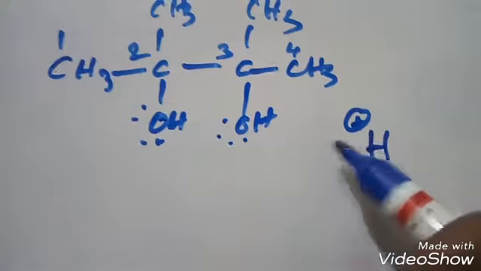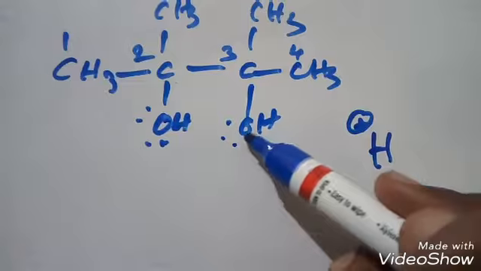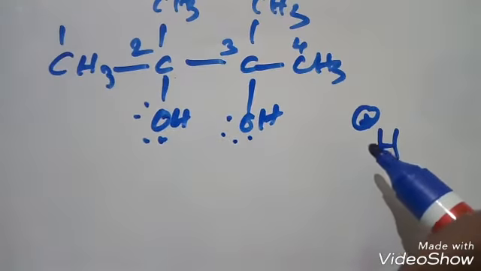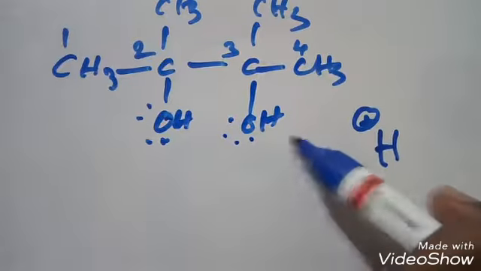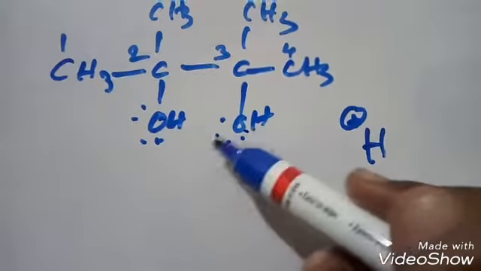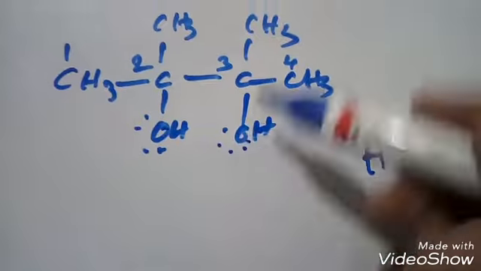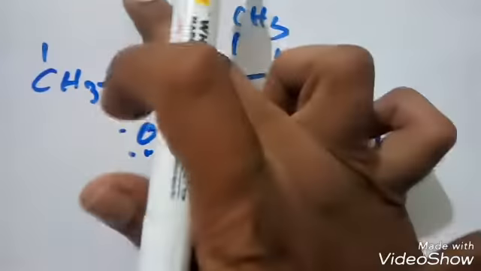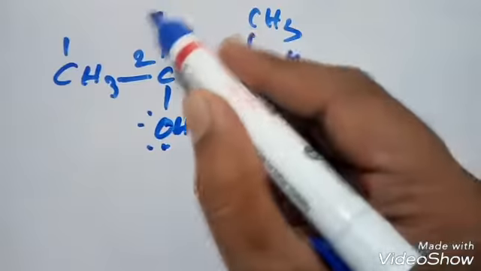So this lone pair of electron can attack this H plus, and this H plus will get attached to either of these oxygens, because both are equal. The situation changes if one of the groups attached to these carbons is different.